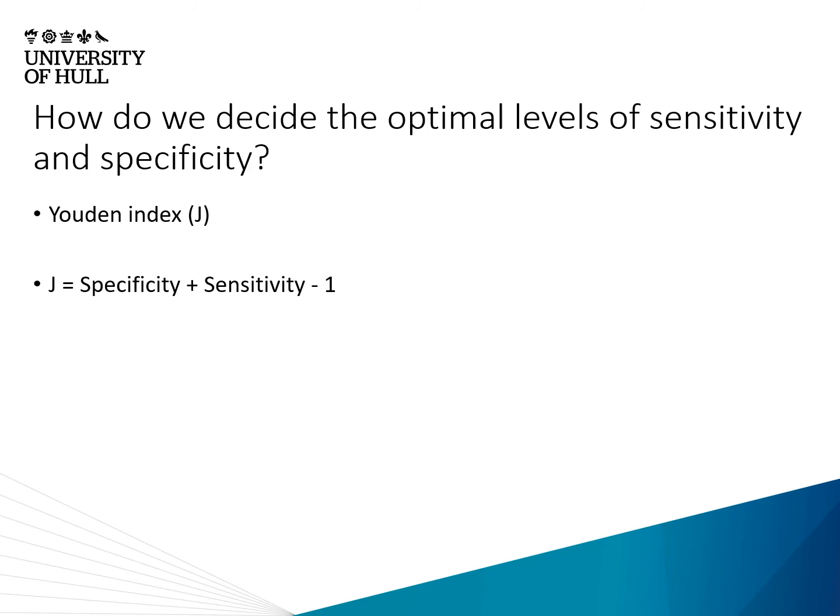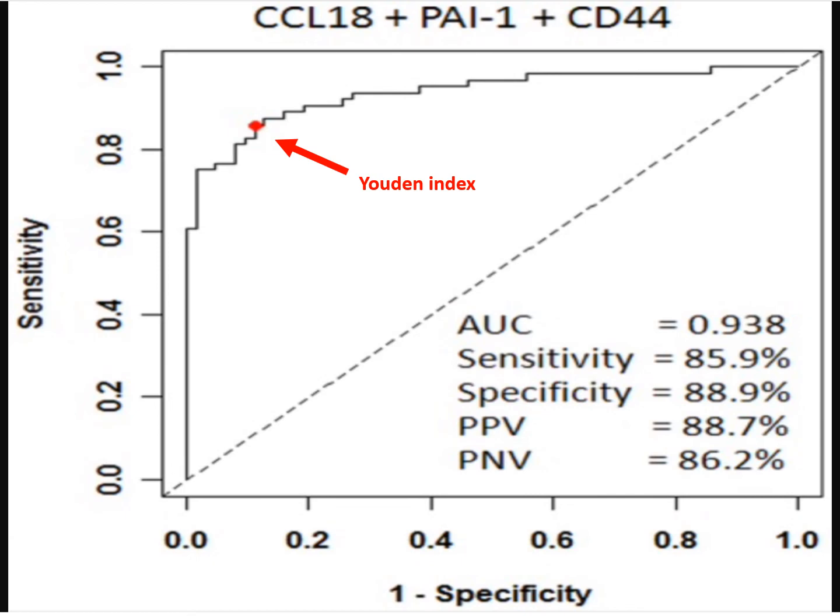That also gives you a value that you can use to set your diagnostic value on the questionnaire. So the Youden index indicates on this particular example here a point there, which is roughly where the 45-degree line would go. So you don't need to plot these things out. If you know the sensitivity and the specificity, you can work out that value.